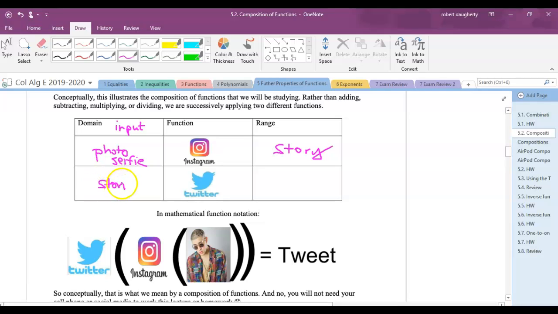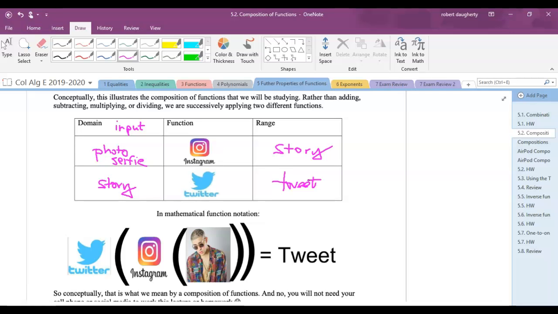It took the story from Instagram and it created a tweet, okay? So the output from Instagram became the input for Twitter. So that's what happens when you apply a function twice in a row. The output from one function becomes the input for another function.